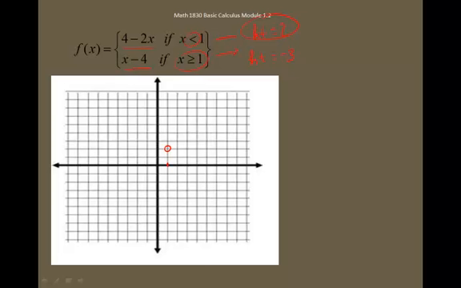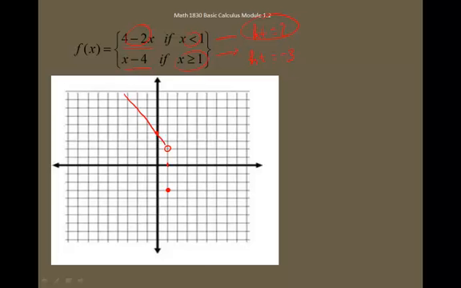And notice that the bottom function, when it gets to x equals 1, would be equal to negative 3, and that is inclusive. The slope of the top function is negative 2, so if you do rise over run, you're going to see that this function is coming in like this to the open dot.